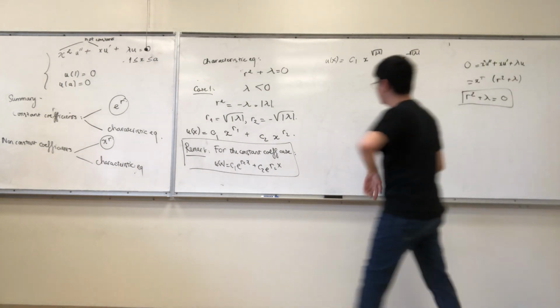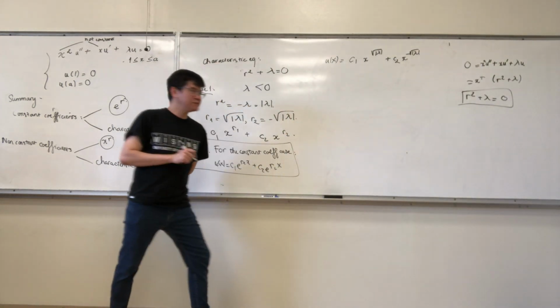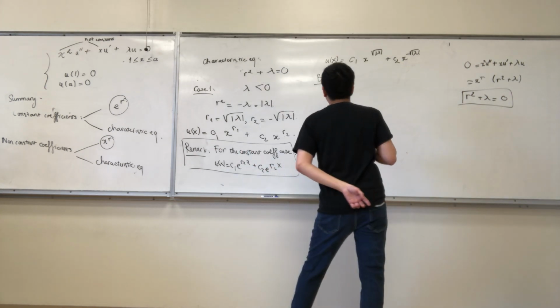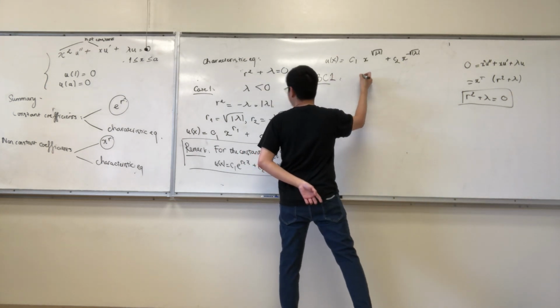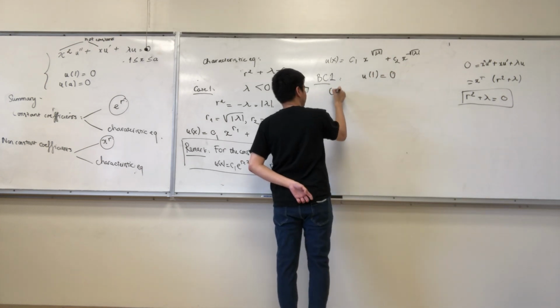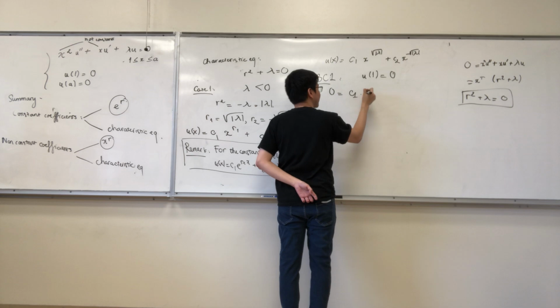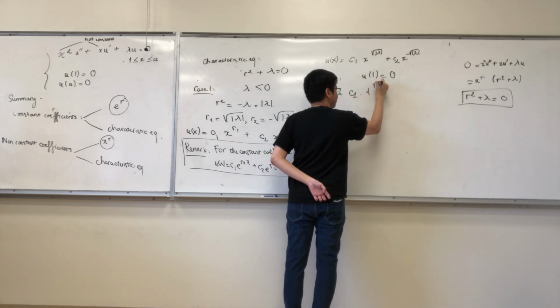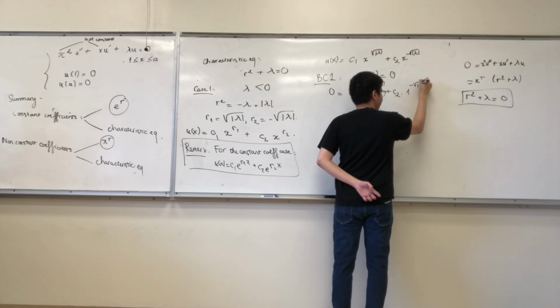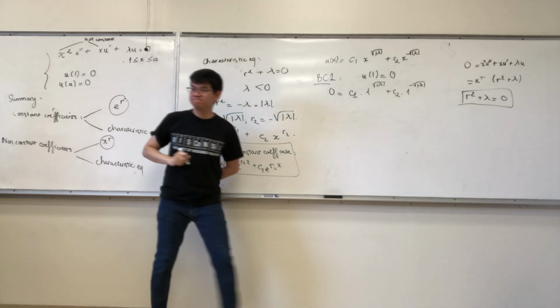Boundary condition 1. You have u(1) is 0, which means that 0 is c1 times 1 to the square root of lambda plus c2 times 1 to the minus square root of lambda. Right?